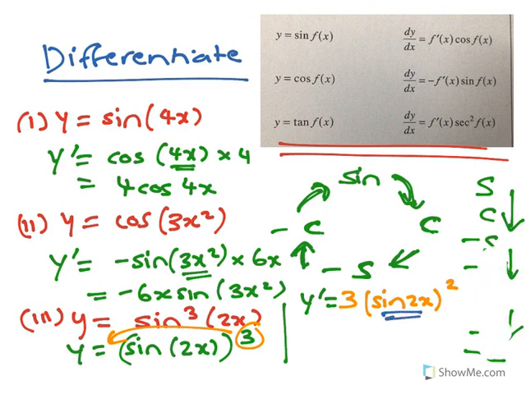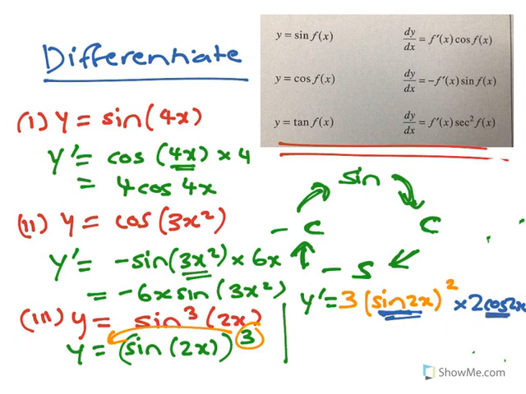So the derivative of the inside would be 2 cos 2x, because sine goes to cos 2x, and then times the derivative of the inside of that. So you could then times the 2 and the 3, so you get 6 sine squared 2x cos 2x.